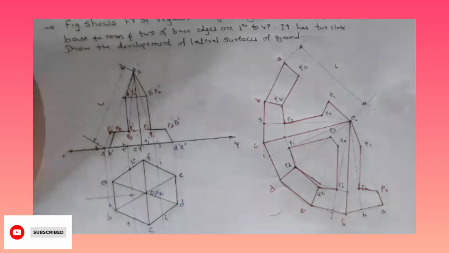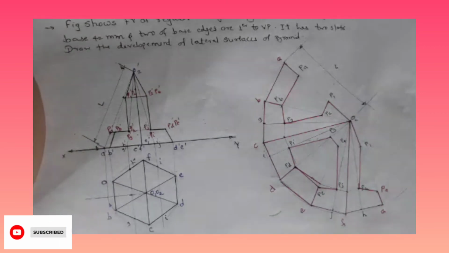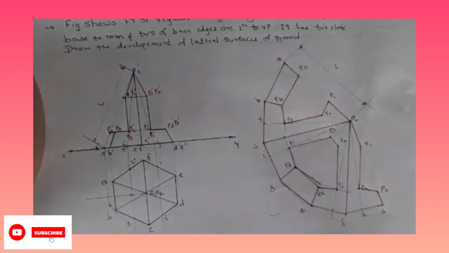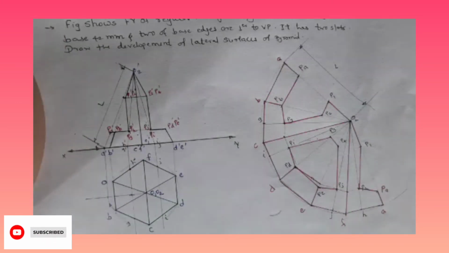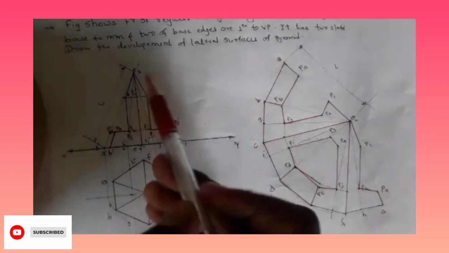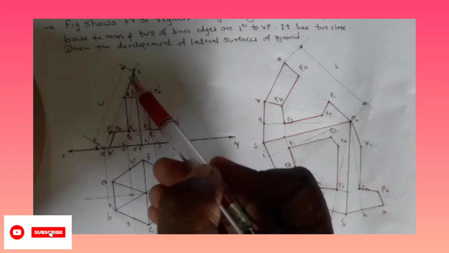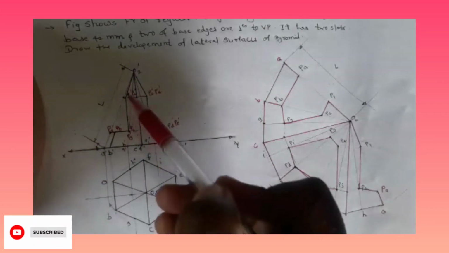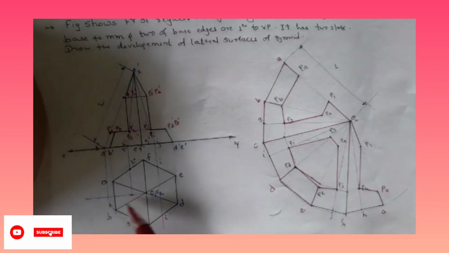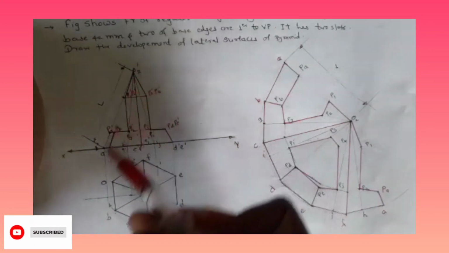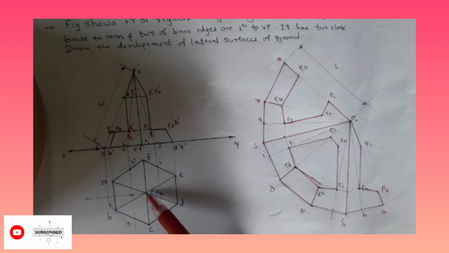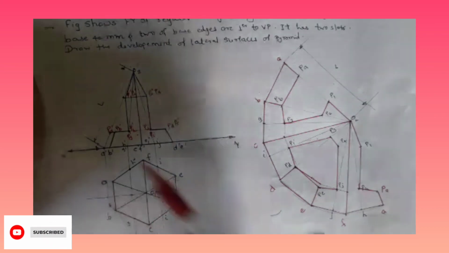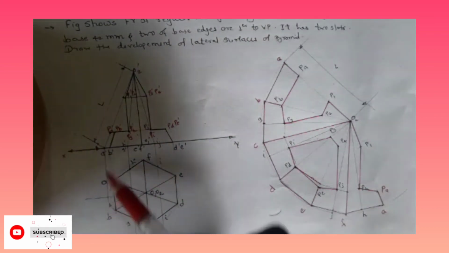Okay, now let me remind you of a few important points from this problem. Whatever this lateral edge is there, no one lateral edge gives the true length. So first of all we need to draw the lateral edge that gives the true length. For that purpose, from this center we have drawn the line parallel to xy, then I have rotated it, extended it on the xy, and then we have joined it to its apex.